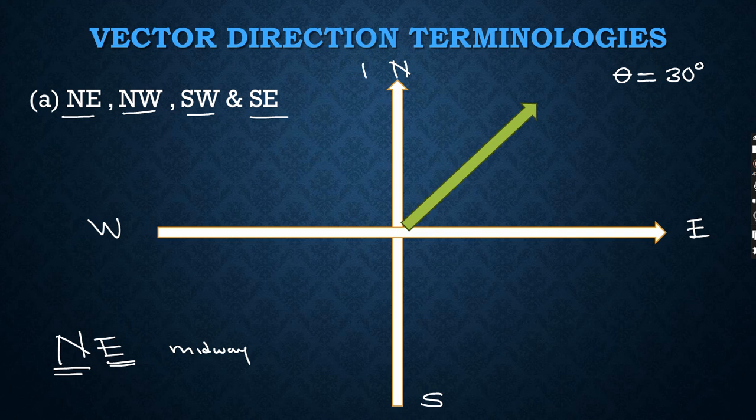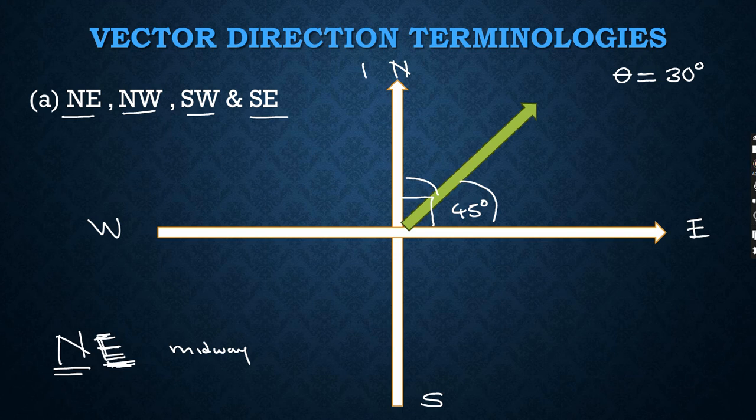So northeast means half of 90, since it is in between, in the midway. We know that this makes 90 degrees, so the half is 45 here. And it is closer to east. That's why we didn't put our 45 here. Rather we pressed here because it is northeast. We follow the direction which is in the hand here.